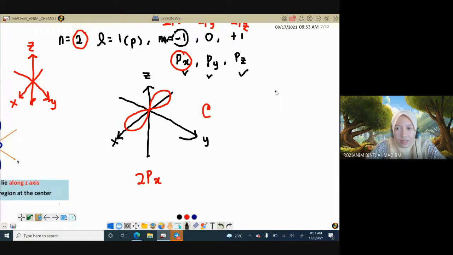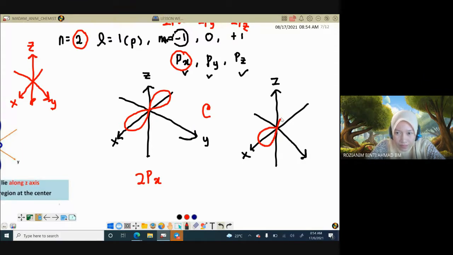Ni penting ya cara lukis ni, sebab student lepas dia tak boleh nak melukis. Okay, part C first. Nak habis masa dah. Okay, dua-dua cara boleh.